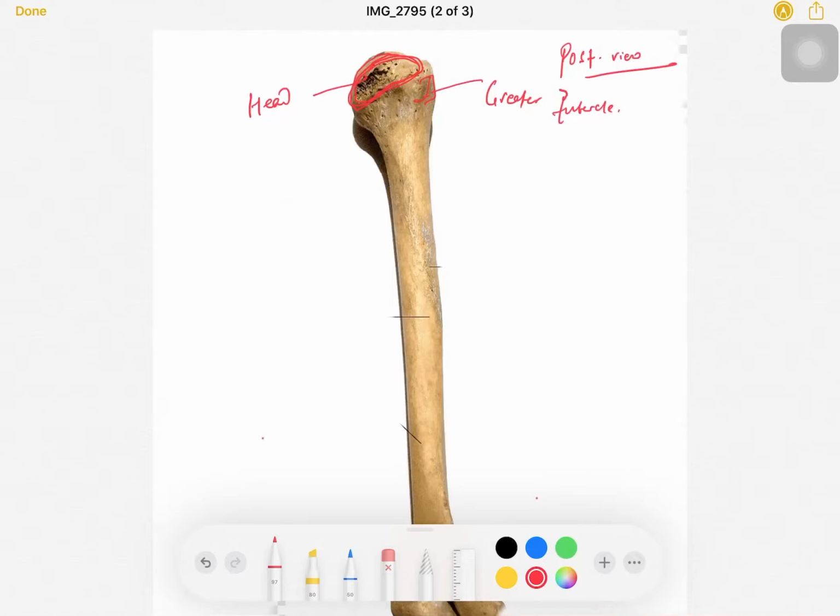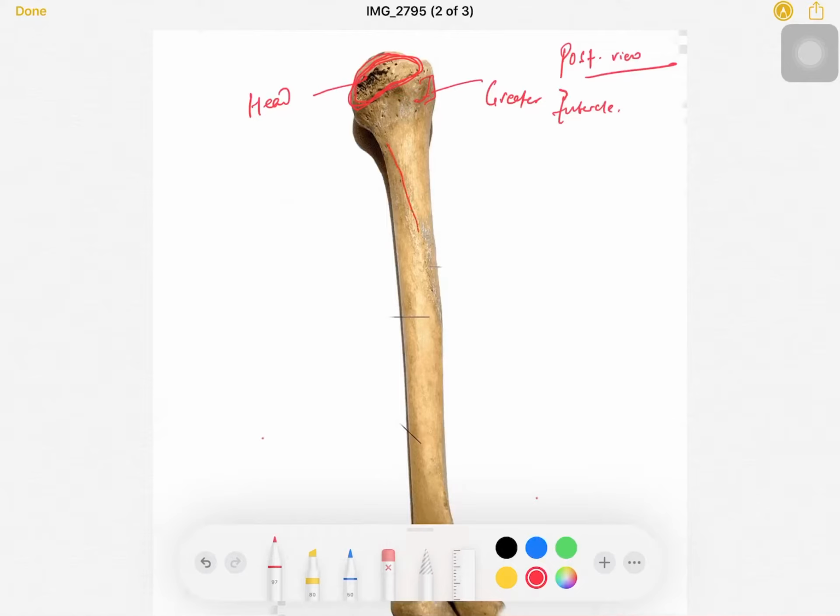Then you can find here the attachment for your triceps brachii muscles. You can find it on the superior portion.